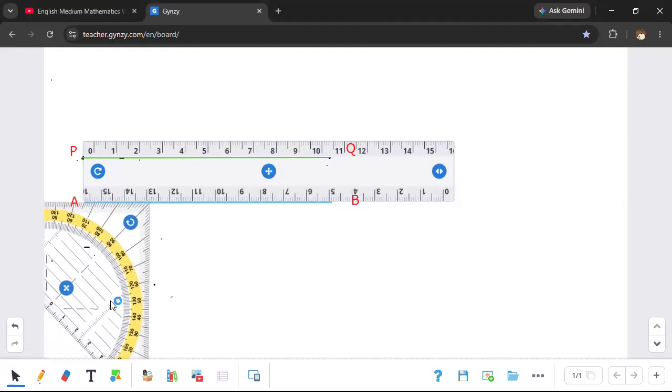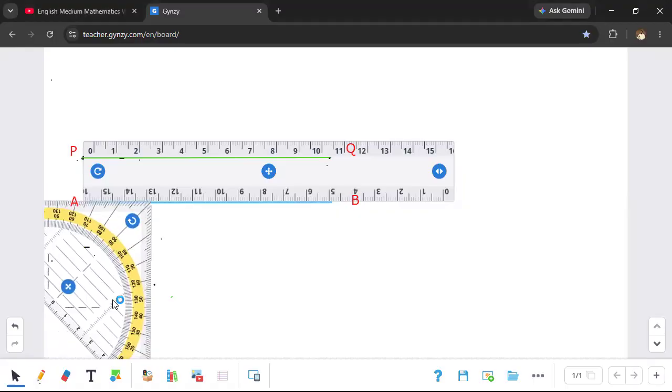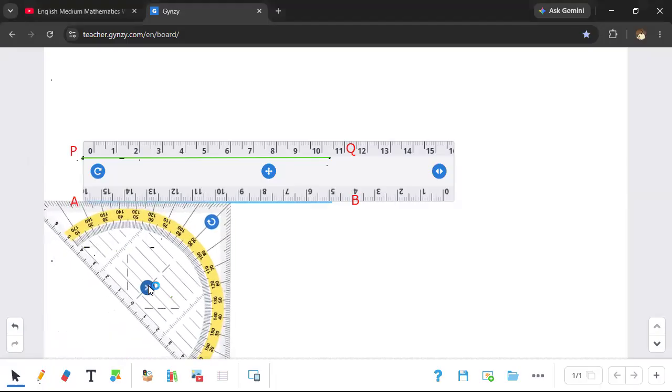Slide it exactly like this and take the pencil again. Mark 2.5 or 2 centimeters, whatever. Move a little bit ahead and mark the same distance from your circular, 2.5 or 2 centimeters.